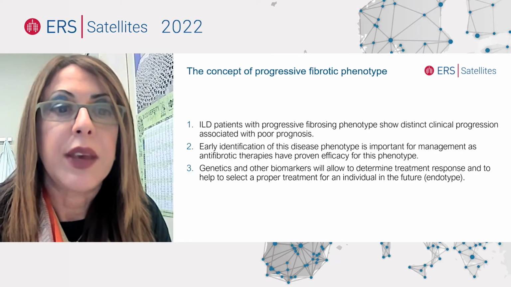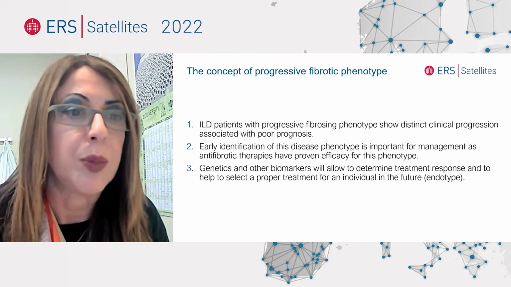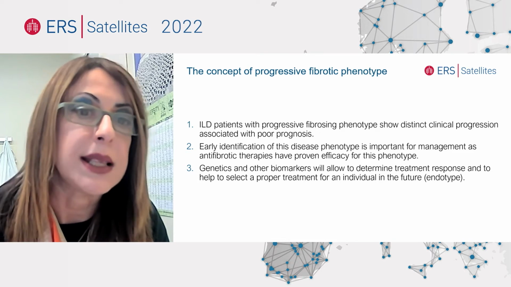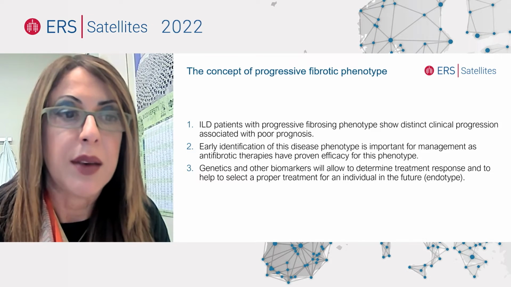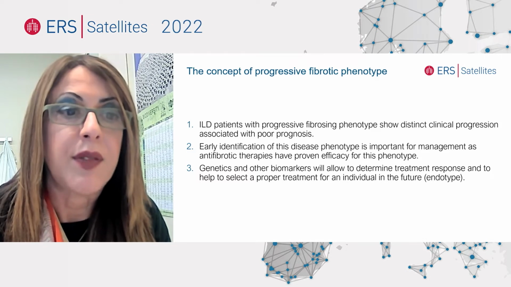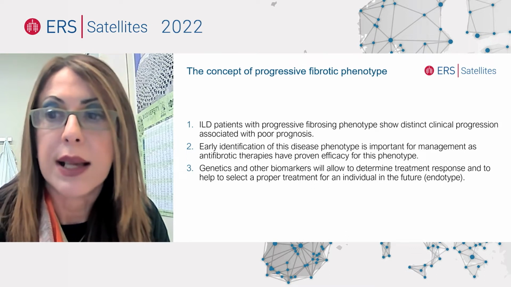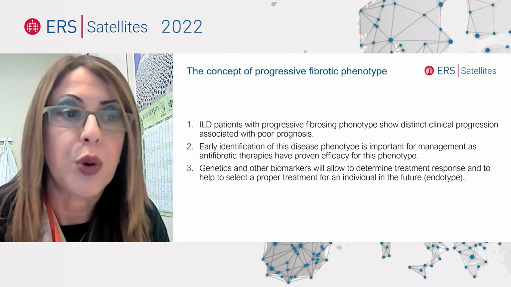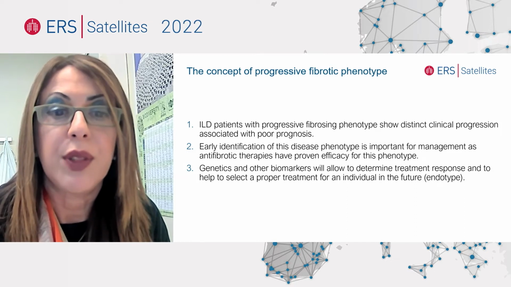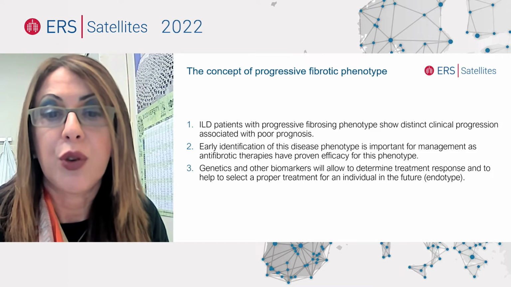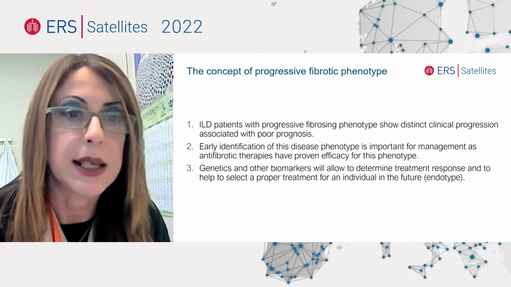So the early identification of this disease phenotype is very important for the management, and antifibrotic treatments and therapies have proven efficacy in IPF. Genetics, as Raphaël told us, but also other biomarkers will allow us to determine the treatment response and to help to select a proper treatment for those individuals in the future, so to better endotype the disease.